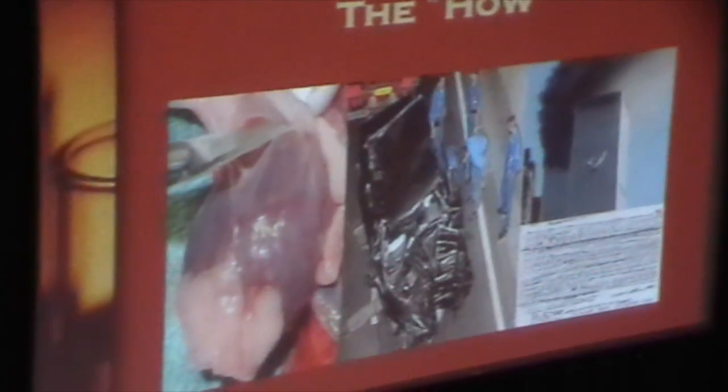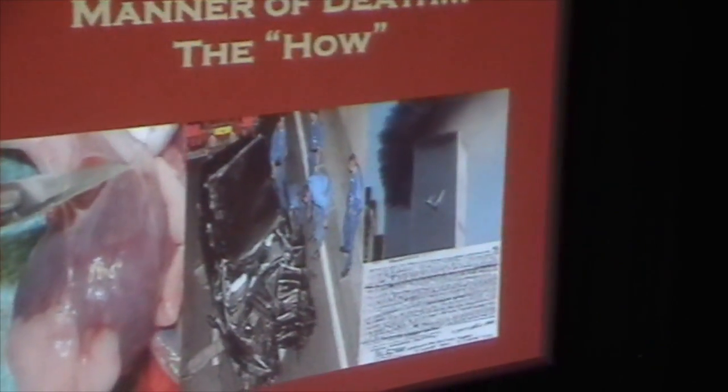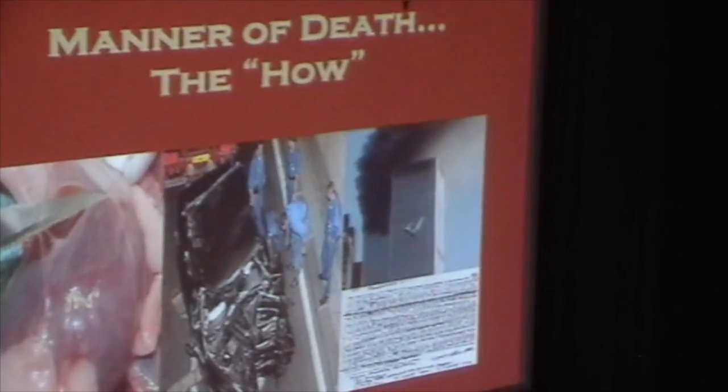And the manner is the how. Was it natural? A bad fatty heart attack, okay, that's a natural death. Car accident, Princess Diana's car. Okay, accident. Natural, accident. Top right, World Trade Center, homicide. We consider that homicide. That was a purposeful killing of people.